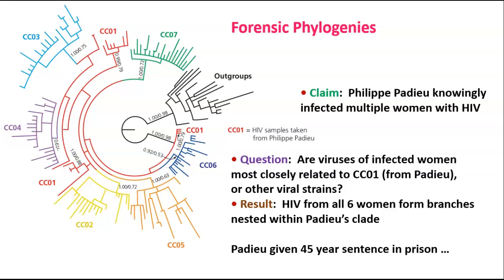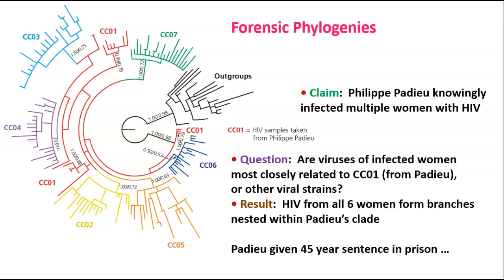So after learning about what he had done, the local district attorney charged him in 2007 with 6 indictments for the crime of aggravated assault with a deadly weapon. And the case relied in part on molecular phylogenetics.